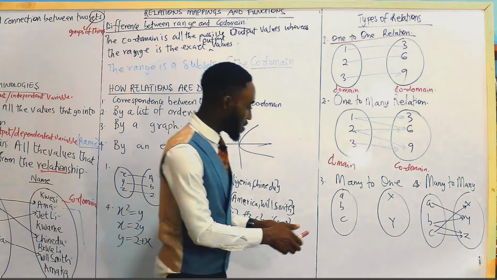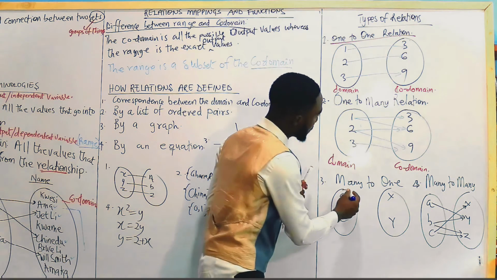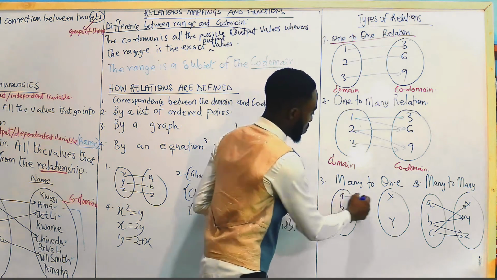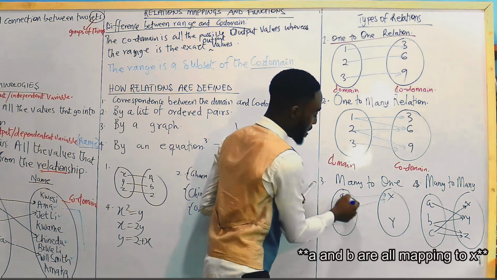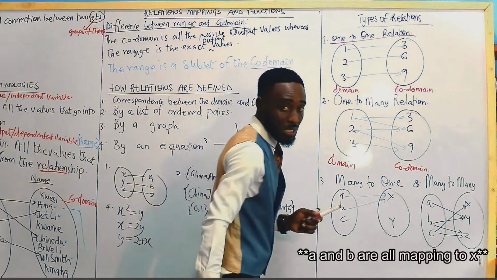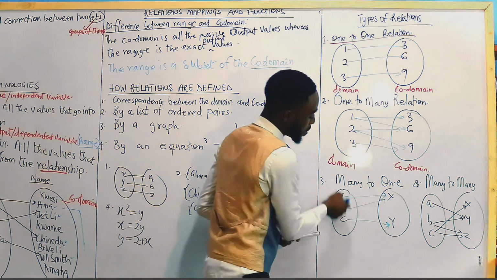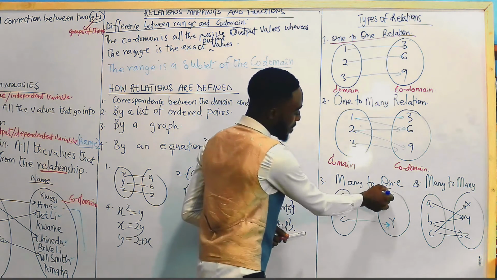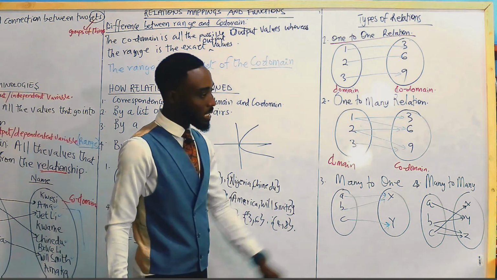So let's try this. You could have many going to 1. As you can see, A and B are all mapping to C. Let's say, AB mapping to X actually captures the concept.